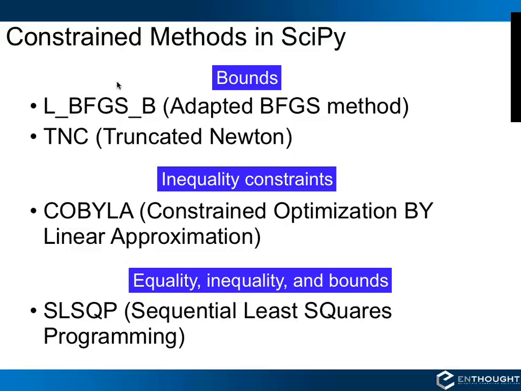The truncated Newton code and the L_BFGS_B codes. The L stands for limited memory and the B stands for bounded. So these two only solve the constrained problem where you are optimizing a function subject to bounds on your input variables.